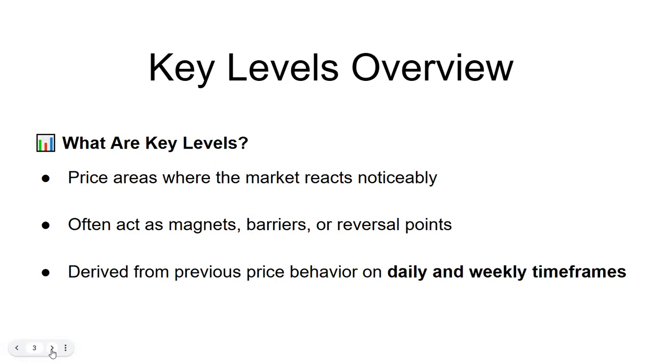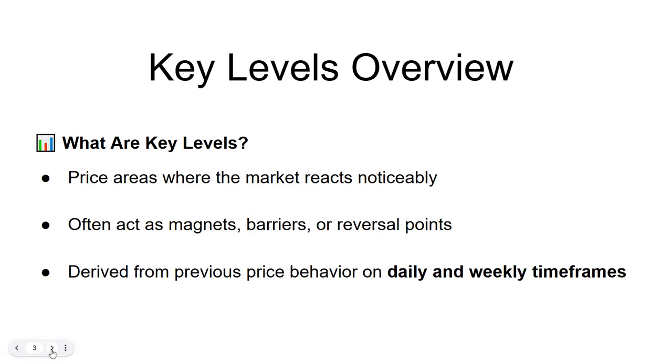A magnet is something that attracts something. So whenever price is moving, most of the time price will push to these key levels and then probably consolidate, react, or reverse. They derive from previous price behavior on daily and weekly time frames, of course.